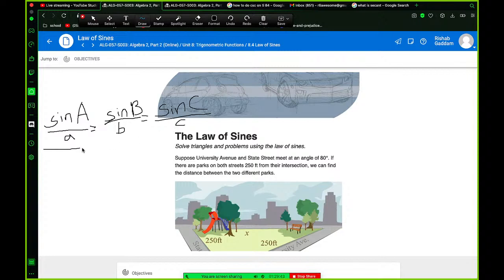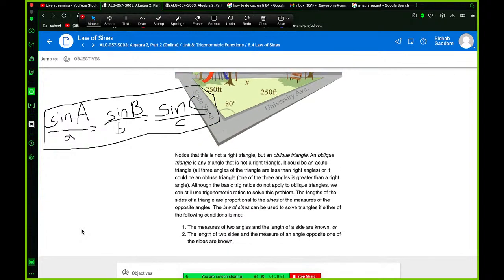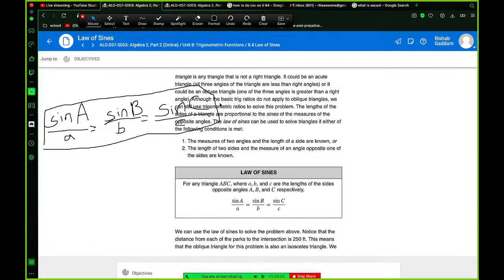This is the formula. So yeah, looks like a pretty easy formula. It's super easy to remember, and it's pretty easy to use also. So this is the law of sines.